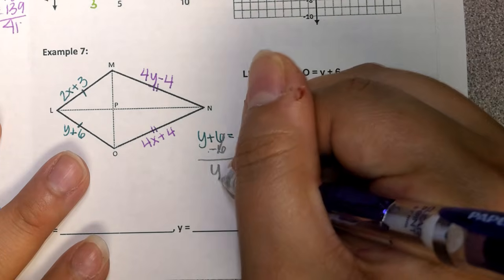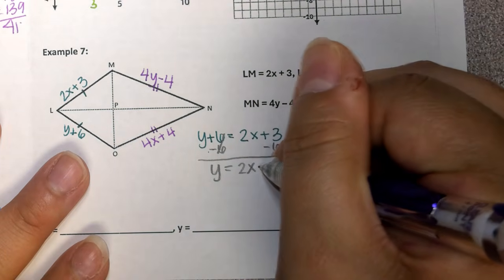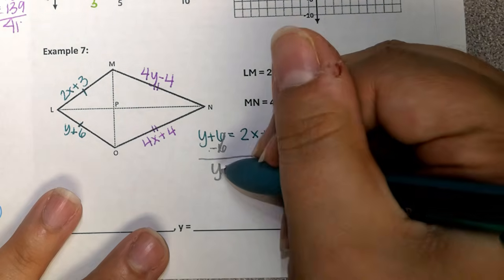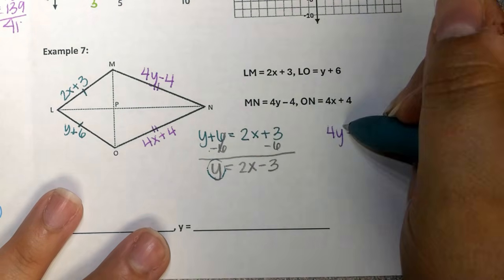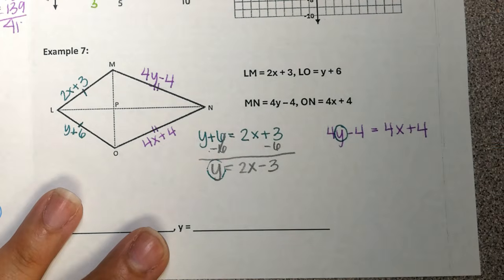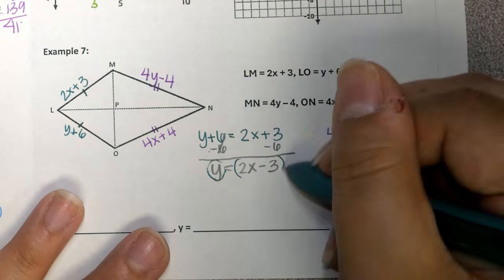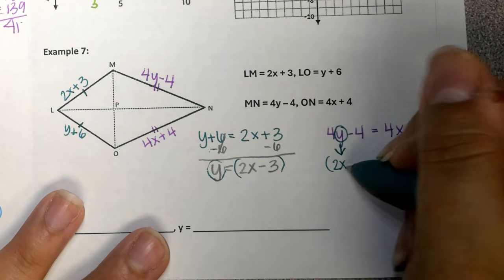Again, you could do this a different way. There's not only one way to do this. Y is now by itself. So what am I going to do with this y? I'm going to plug it into this y. And instead of putting y, what am I going to put? 2x minus 3.